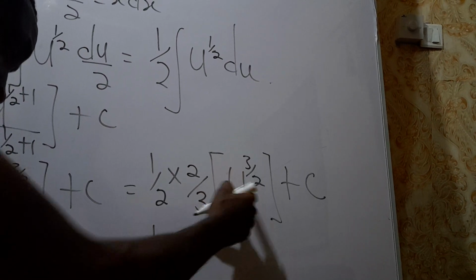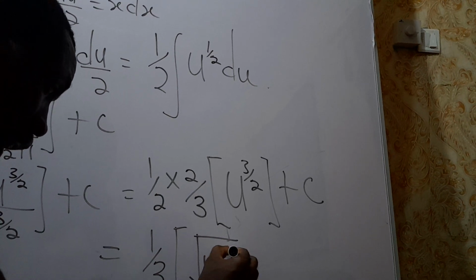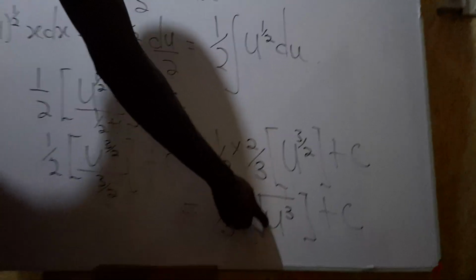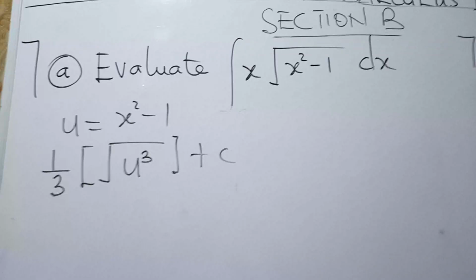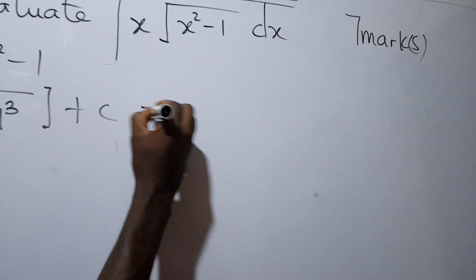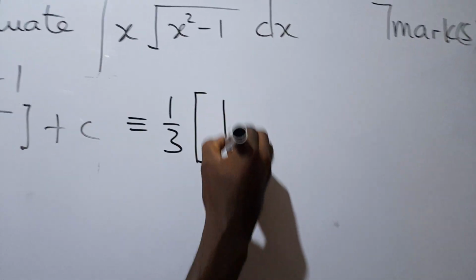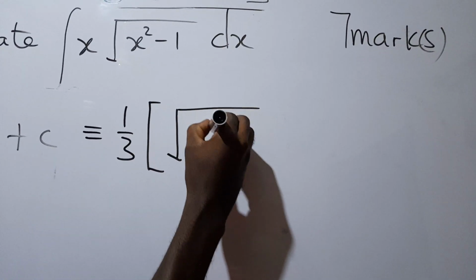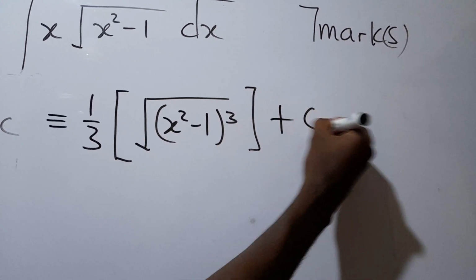Then we can rewrite this as the square root of u exponent 3 using indices, plus constant. Now remember, our u is x squared minus 1. So when we substitute our u there, we'll get 1/3 the square root of, in place of u, we substitute x squared minus 1, so x squared minus 1 cubed, plus our constant of integration.